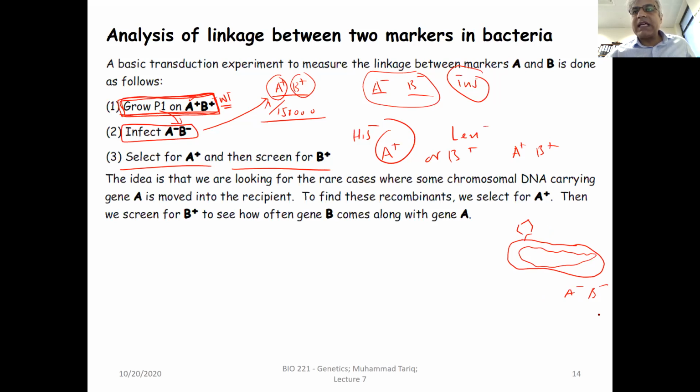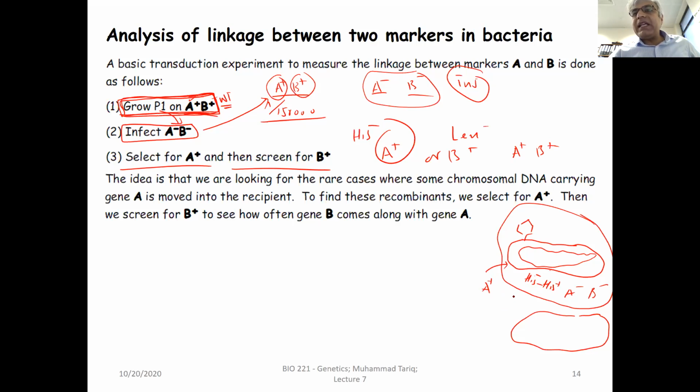You designed it in such a way that you selected this one after infection with P1 phages, which may have A plus B plus. You screen for A plus phenotype. You know this bacteria is His minus. You select it on media which lack histidine, and you try to see if this His minus has become His plus, which means wild type.